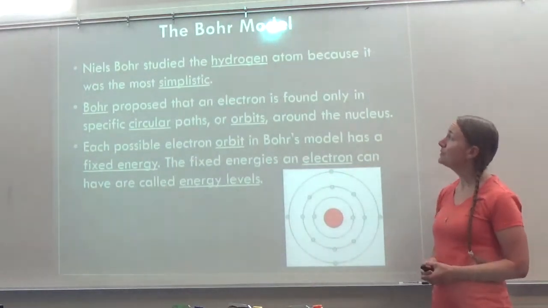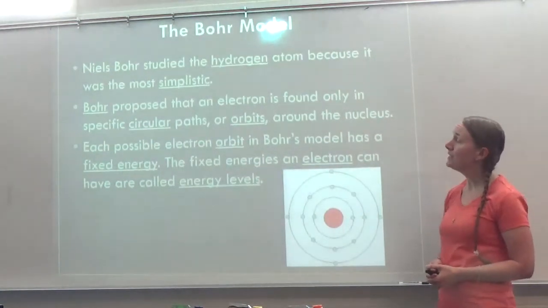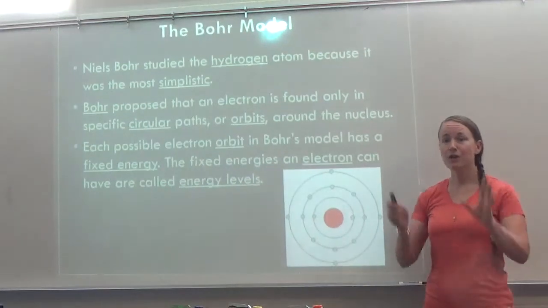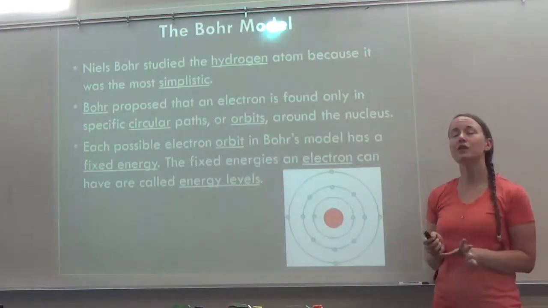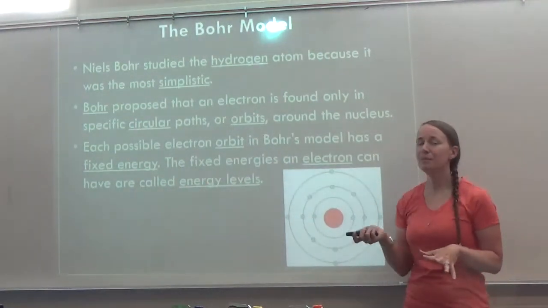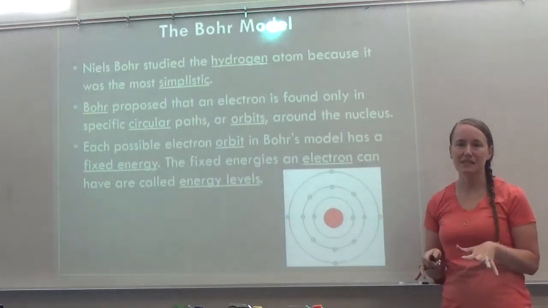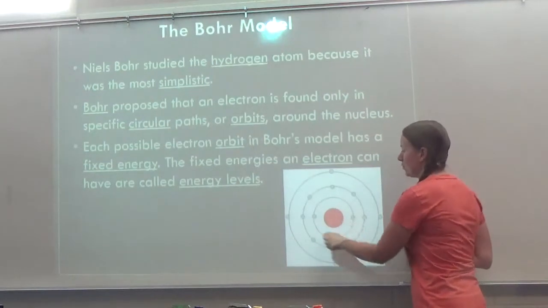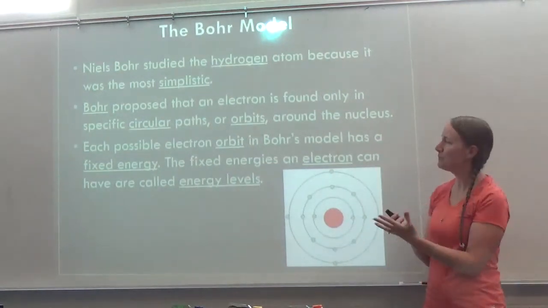So Bohr proposed that an electron is found only in specific circular paths or orbits around the nucleus. Whereas Rutherford just knew they were somewhere around the nucleus, Niels Bohr put it more like a planet system where you have an orbit, but just keep in mind the orbit doesn't have to only stay here. It is 3D space.